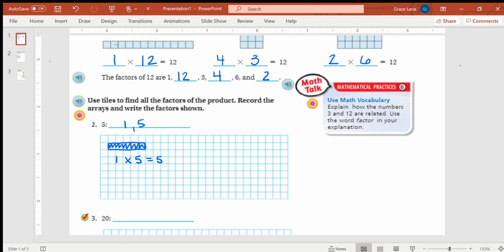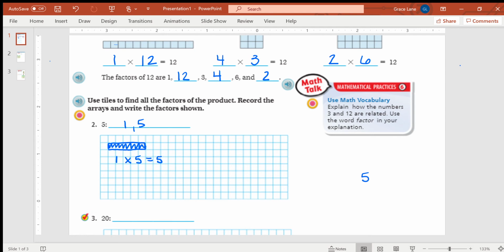If you don't like making models, I'm going to tell you there might be an easier way. I call it a factor rainbow because it kind of looks like a rainbow, and also you guys know I love rainbows. Off to the side, I'm going to show you what it looks like. If I'm talking about the number 5, I'm going to put that in the middle. This is going to be easy if you know your facts.